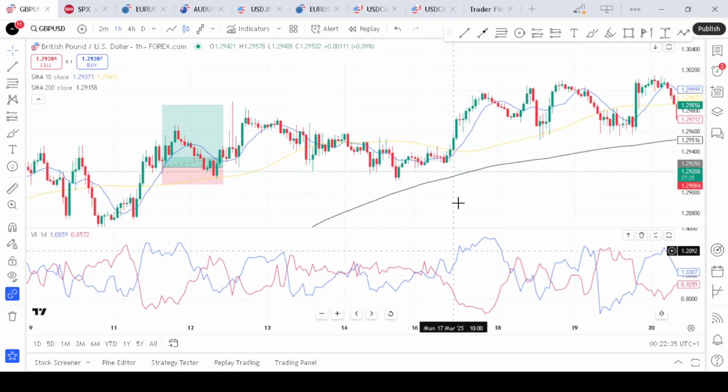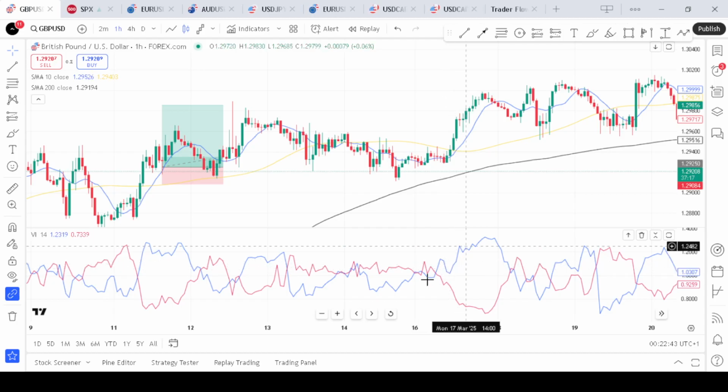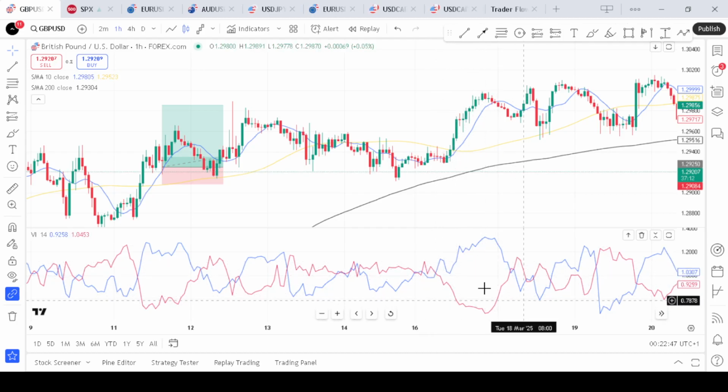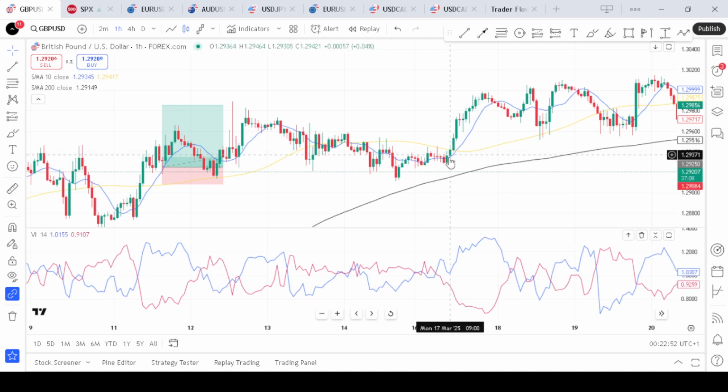Now let's look at one more example. As you can see, when the crossover happened in our Vortex indicator, where the positive vortex line crosses above the negative vortex line, at that area we look at what the moving averages are doing, and we can see the short-term moving average crossed over the medium-term moving average, and this happened when price was above all the moving averages.